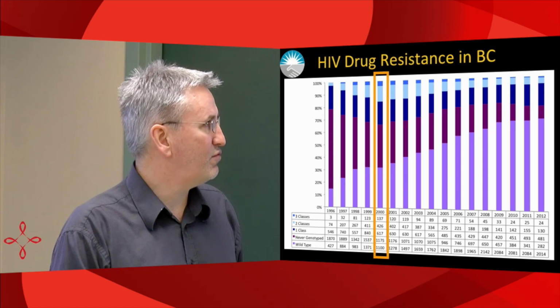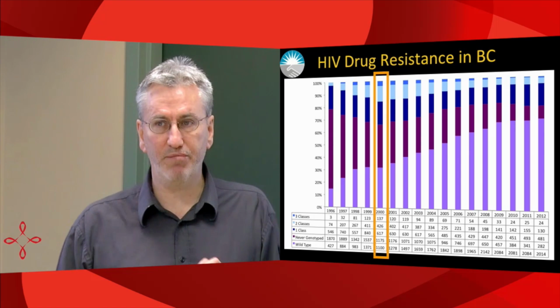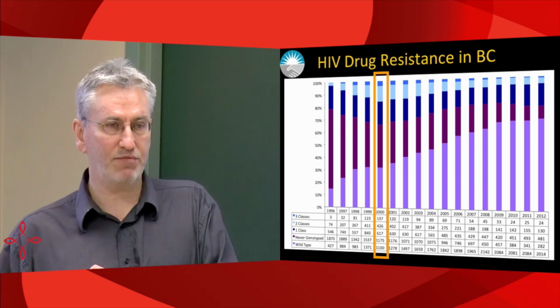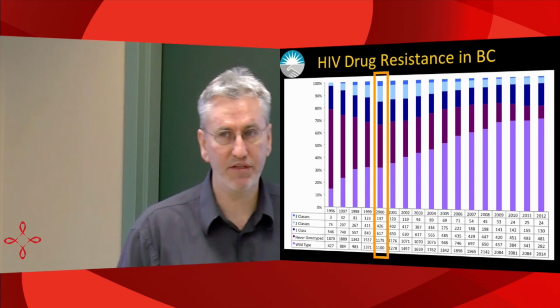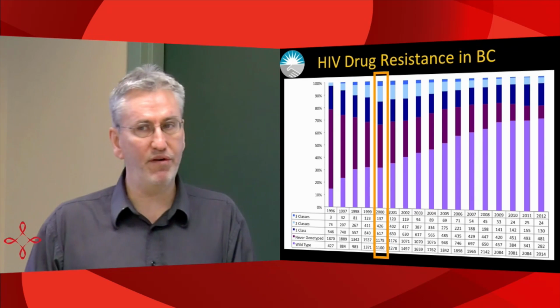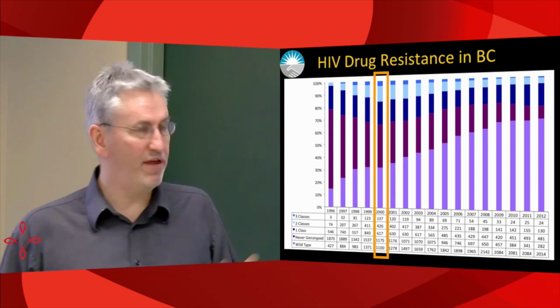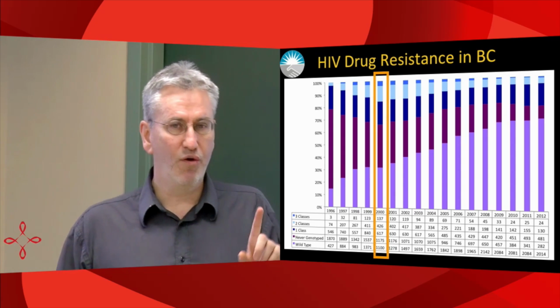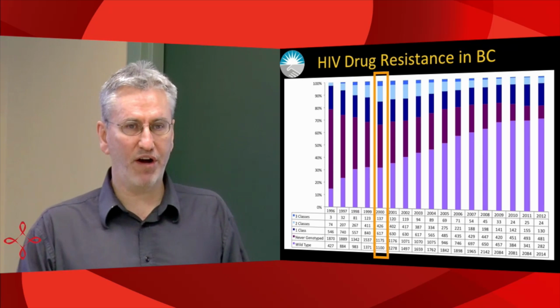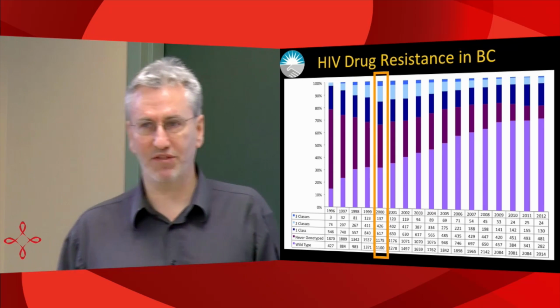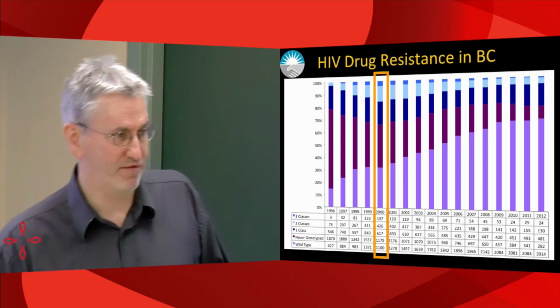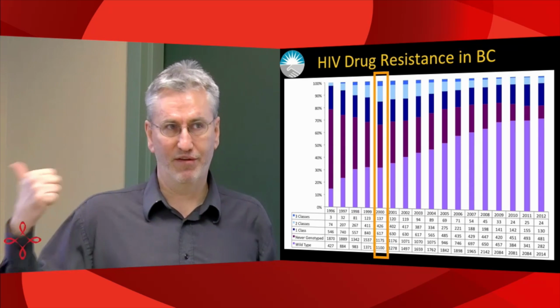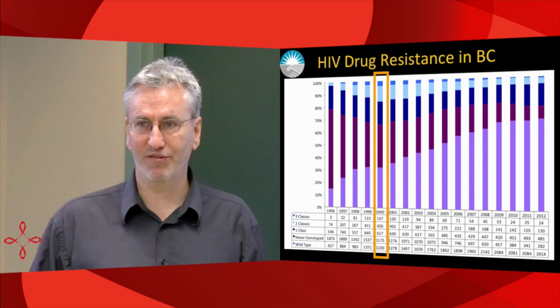In 2012, we only had 24 people who had 3 drug class resistance in our entire province, and in fact, in November last month, I signed off one test from the entire province where there was 3 drug class resistance, and that guy also had the integrase inhibitor class still to go.